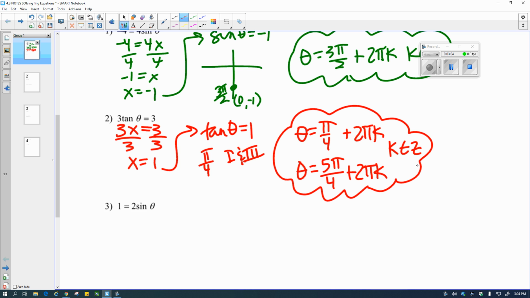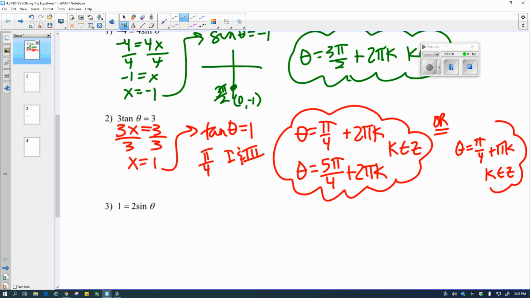I do also want to point out that for tangent and tangent only, we can write this a little bit differently because tangent, remember, uses both sine and cosine, so it repeats itself in half the time. We could write this solution by saying theta equals pi over 4 only plus pi k, where k is an element of the integers.